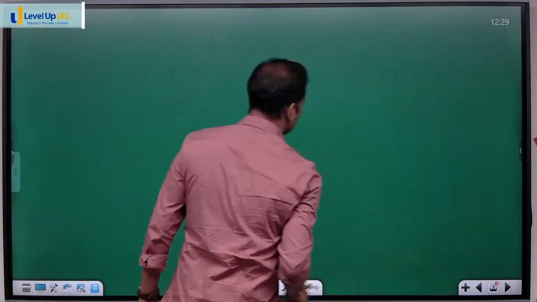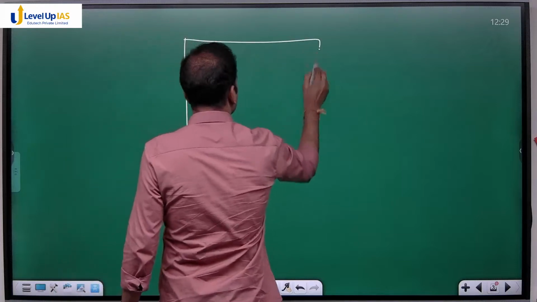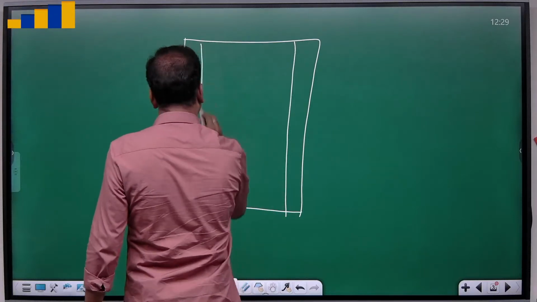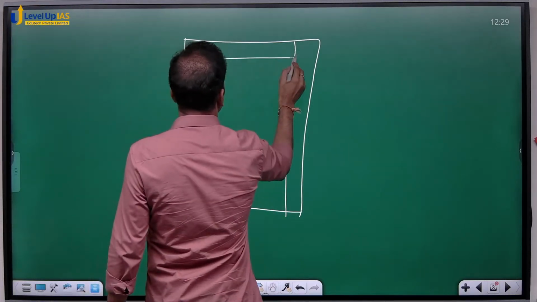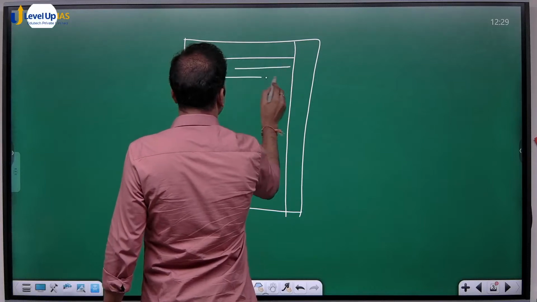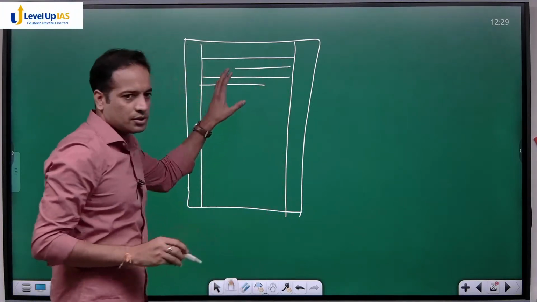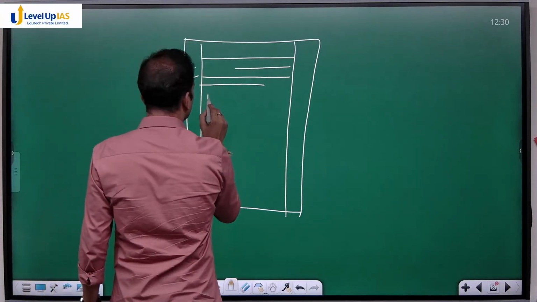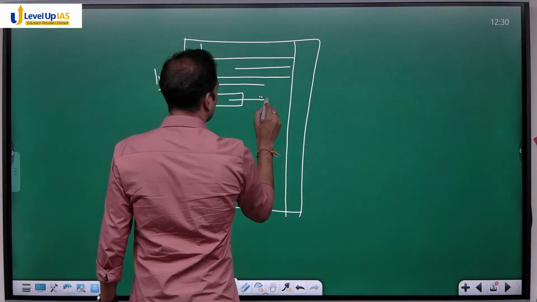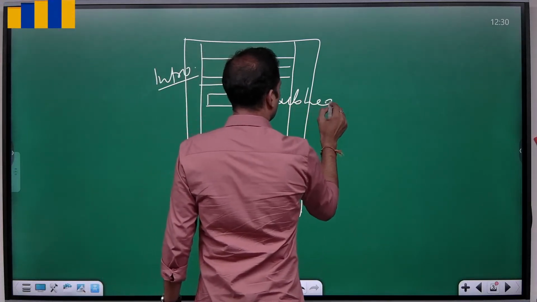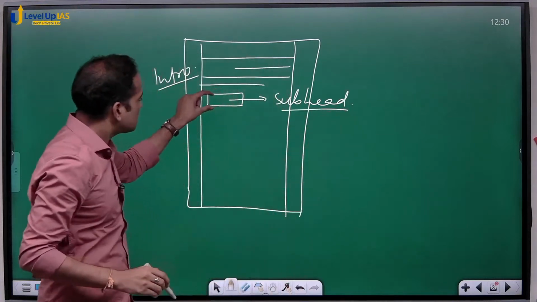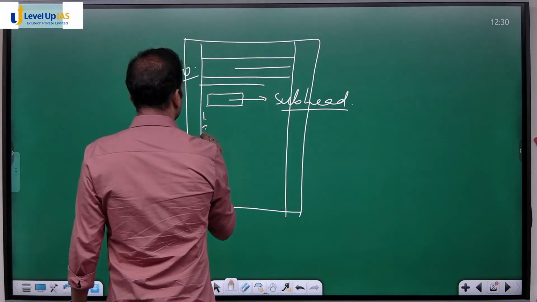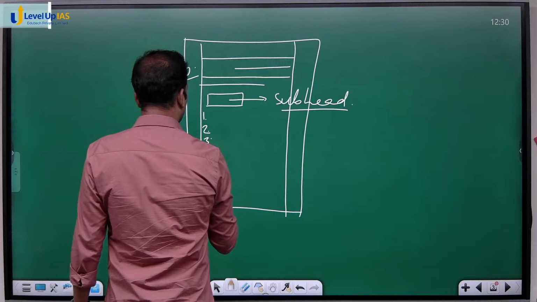Just for example, suppose this is your answer sheet. This is the question. You started writing from here. This is your introduction, the intro. Then give a subhead like this, which is very clearly seen, and beyond that 1, 2, 3, 4 or 5.